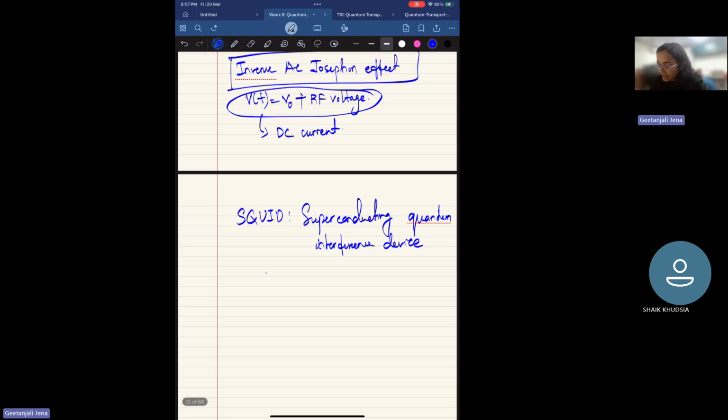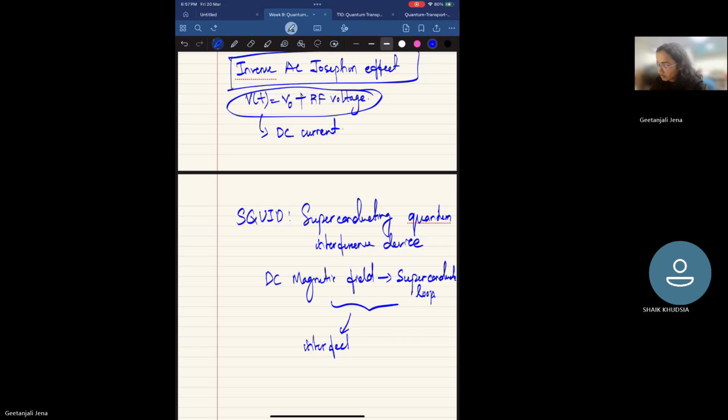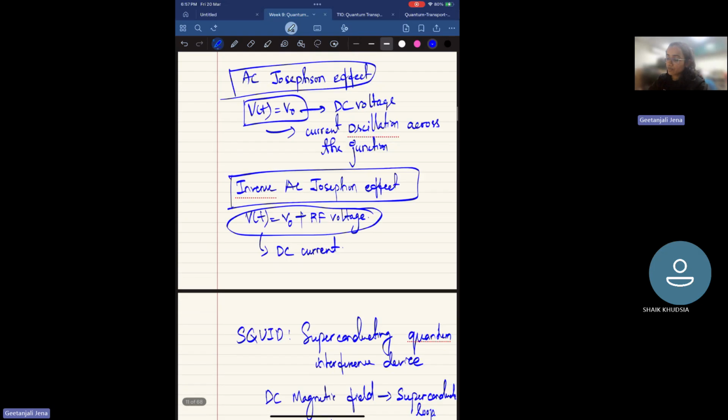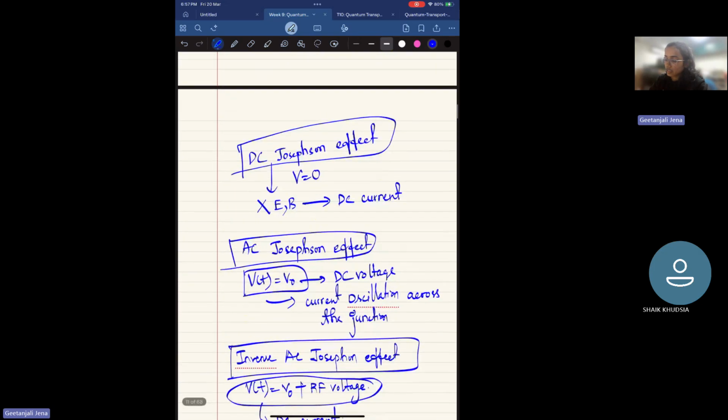If we apply a DC magnetic field to a superconducting loop, we'll see an interference effect. Okay. So these are the effects in brief.